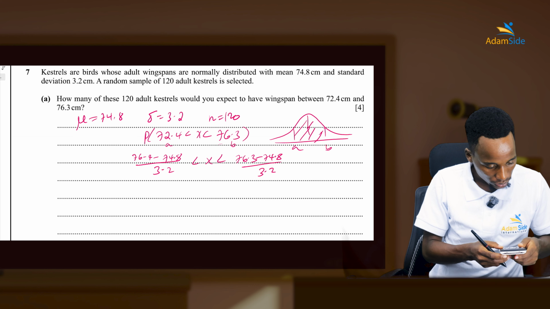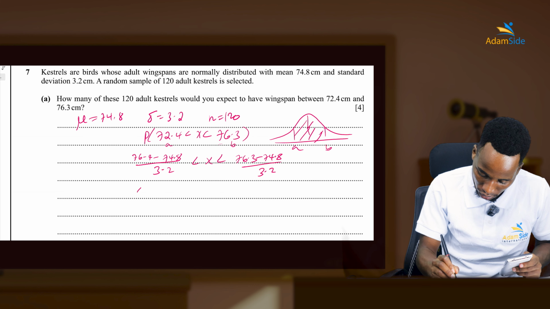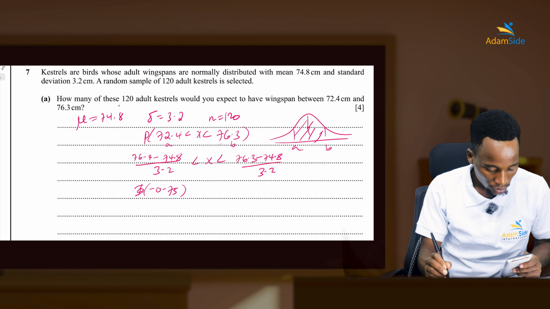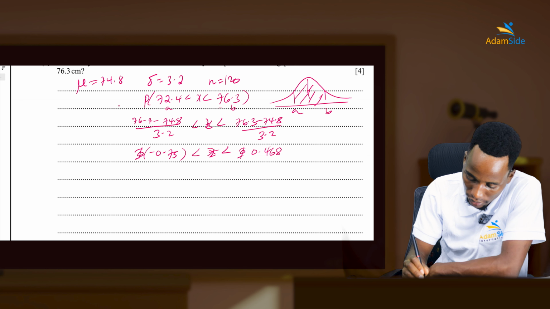If you keep it in the calculator, it will be phi of negative 0.75 less than Z less than 0.46875.